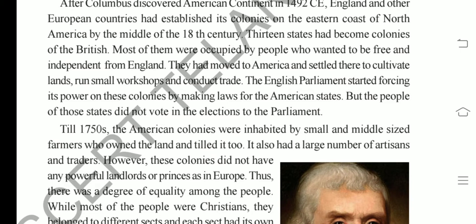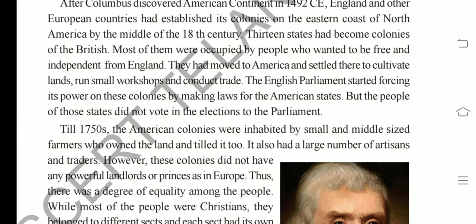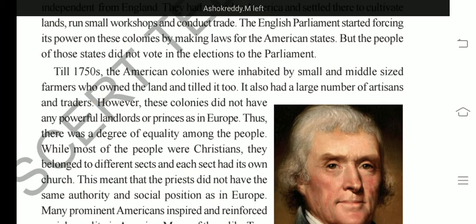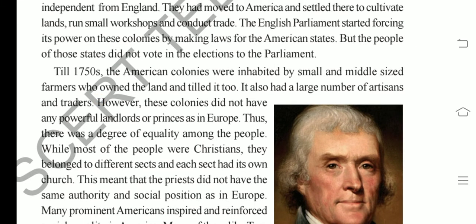From the 1750s, the American colonies were inhabited by small and middle-sized farmers who had land and tilled it in America.